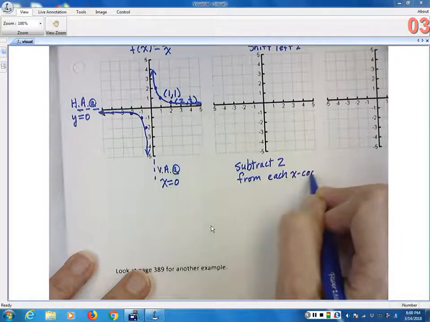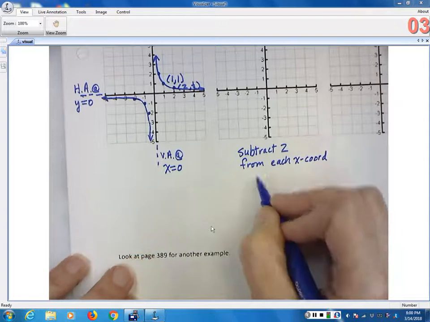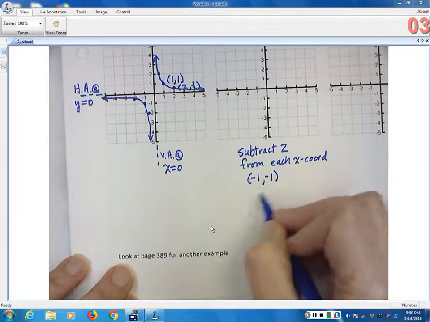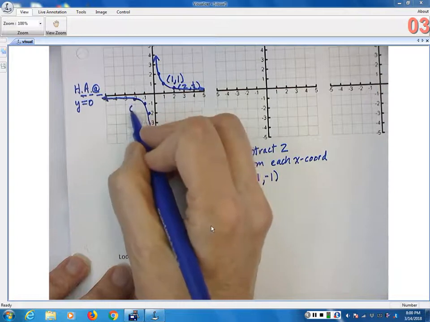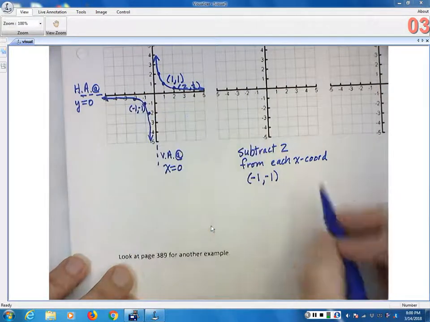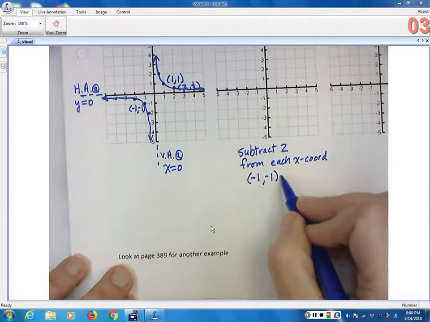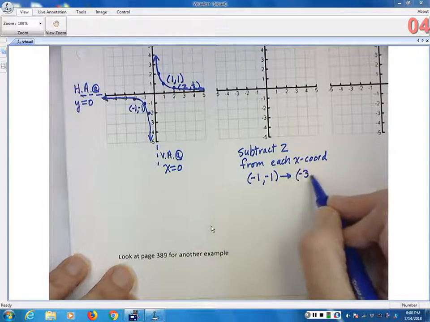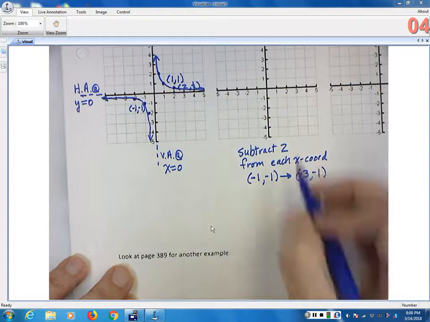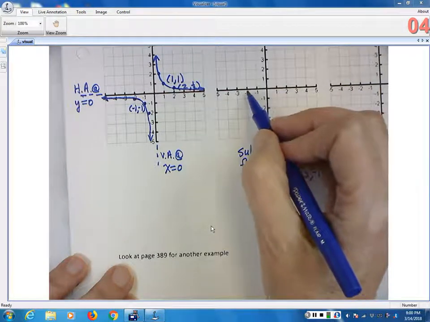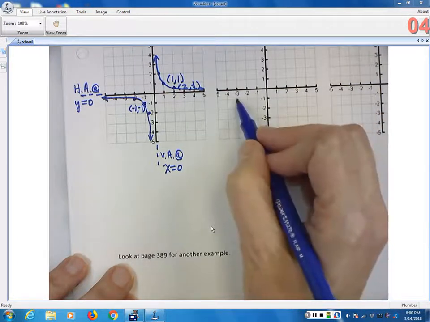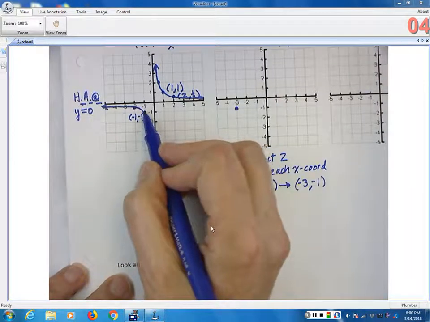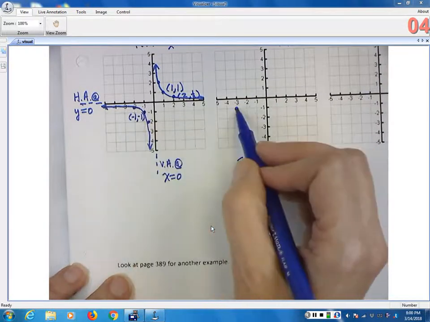If you're going to do it with points, I'll just pick some points, say -1, -1 on this one. We're going to subtract 2: -1 - 2 is -3, -1. And so we're going to be here. Or you could see, if you start here and go over 1, 2, you will be here.